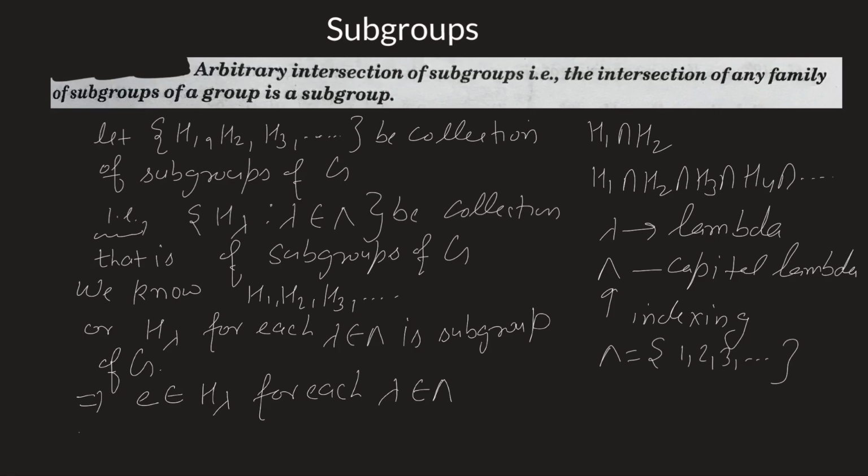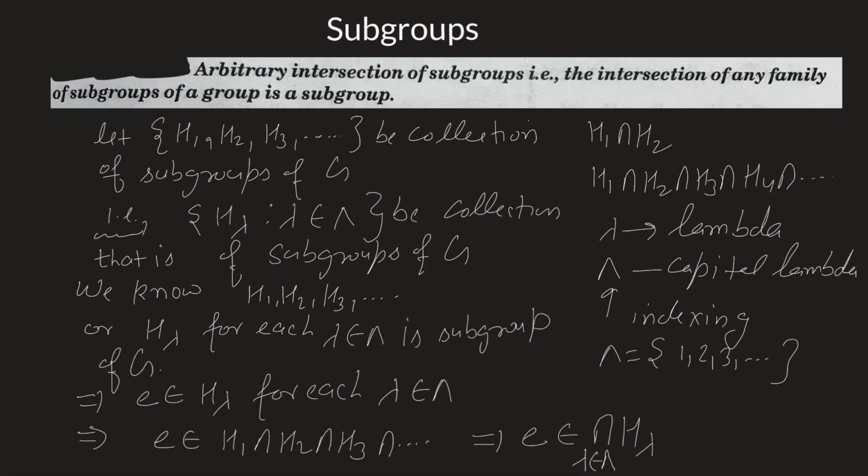If each of them contains the identity element, may I say that their intersection H1 intersection H2 intersection H3 intersection up to so on will contain the identity element. In compact form this intersection is written as the intersection of H lambda, lambda belonging to the indexing set.